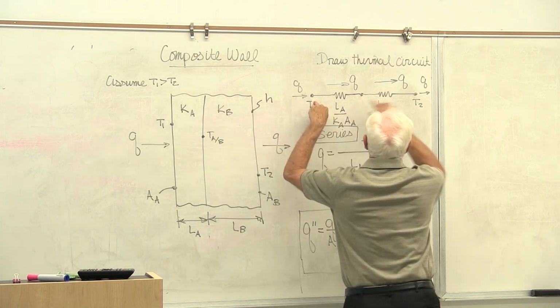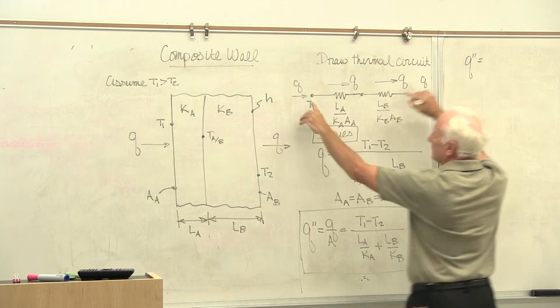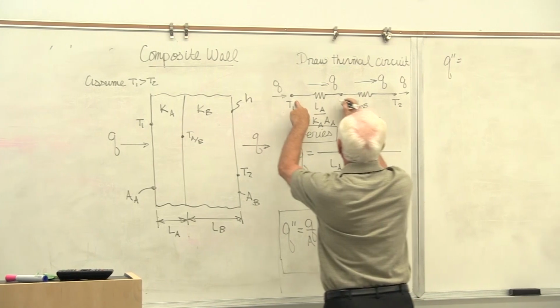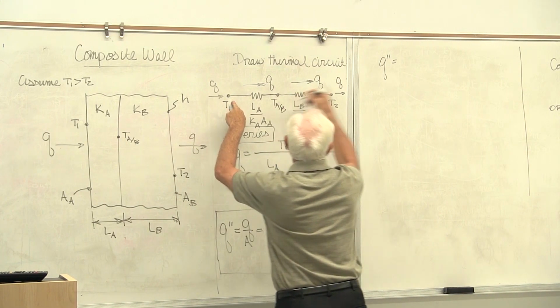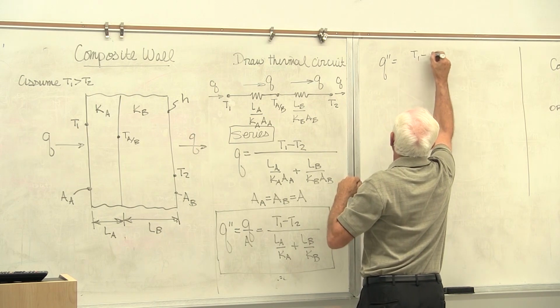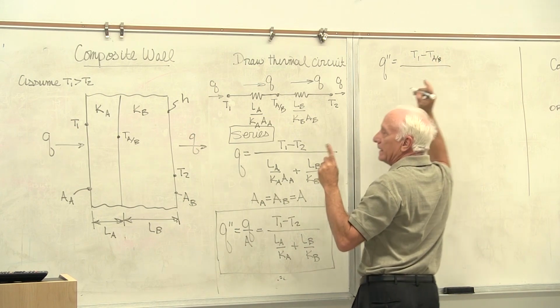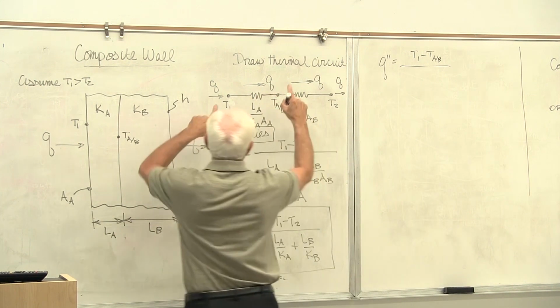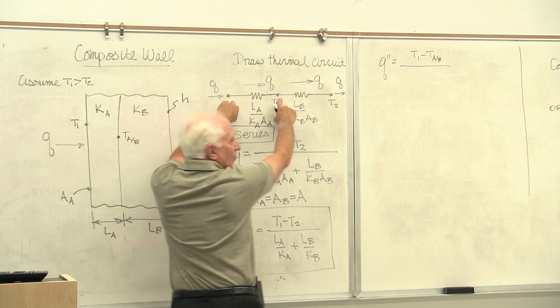I'll take the heat flux. Q double prime equals the hot temperature, T1, minus the colder temperature, TA/B, divided by the sum of the resistances between my two fingertips, LA over kA.